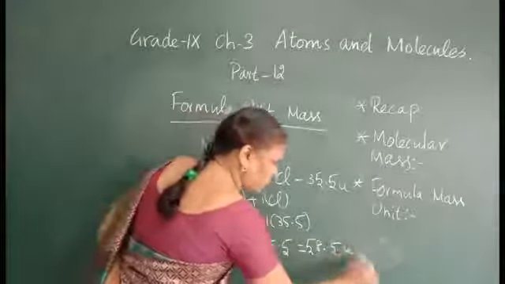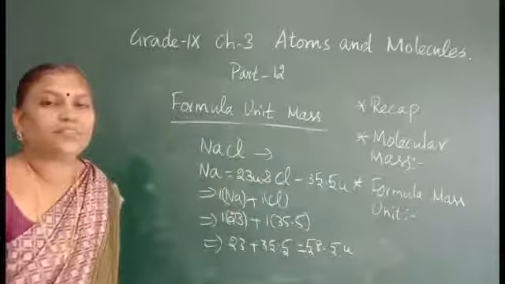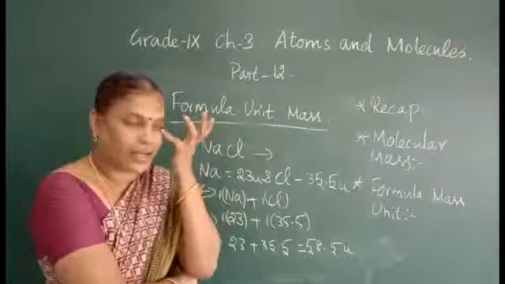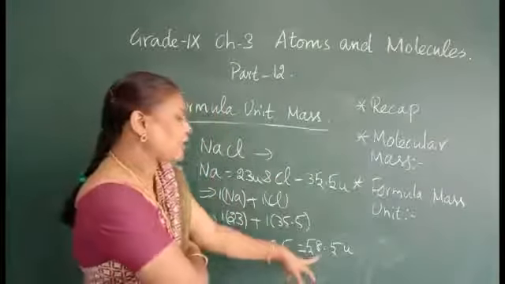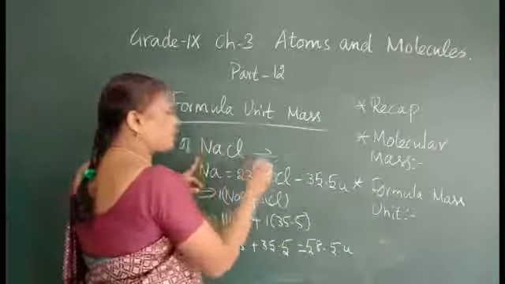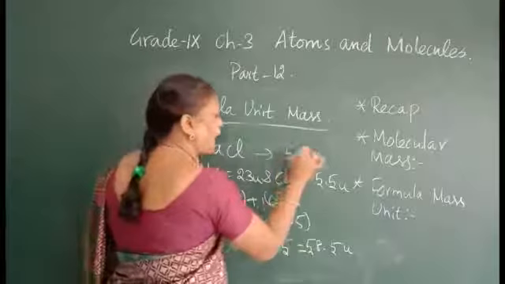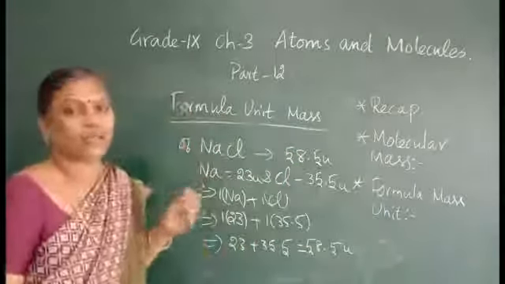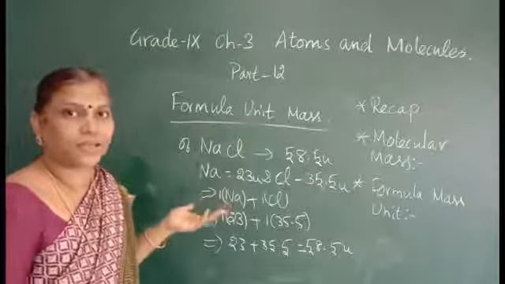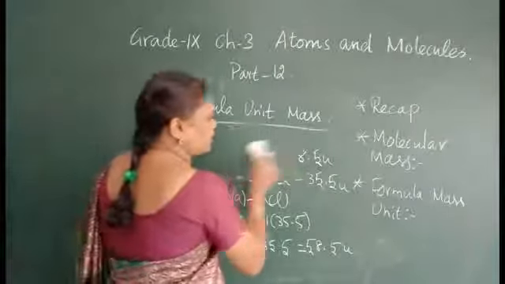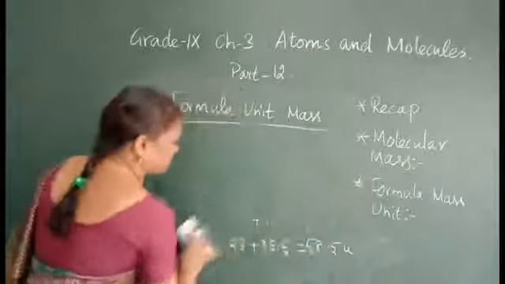And the unit is U. So the formula unit mass of sodium chloride is nothing but 58.5 U. Can you find it? Is it easy? I hope it will be easy for you. Let us see one more example.